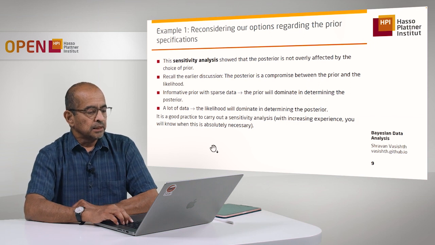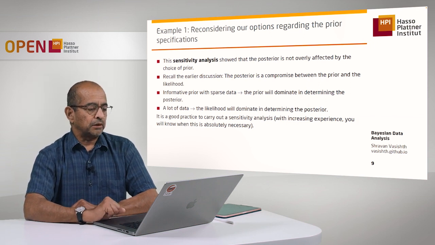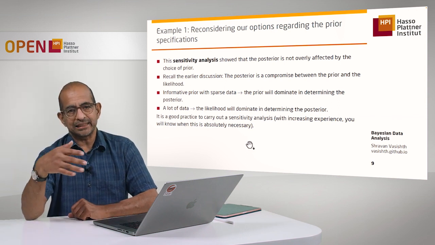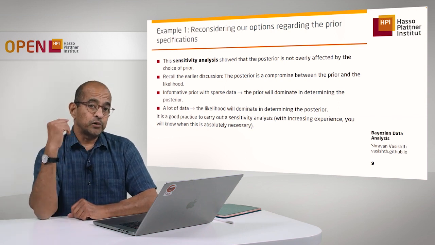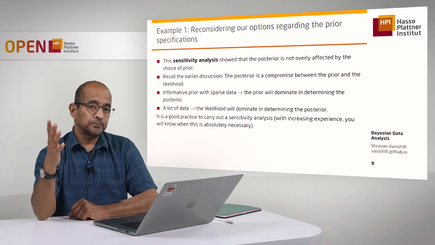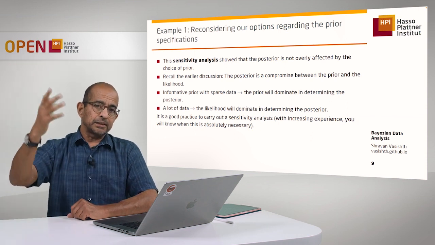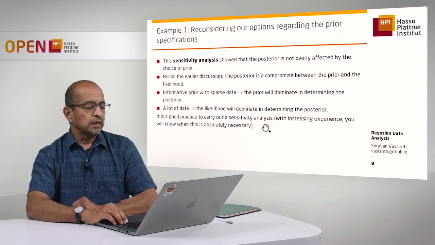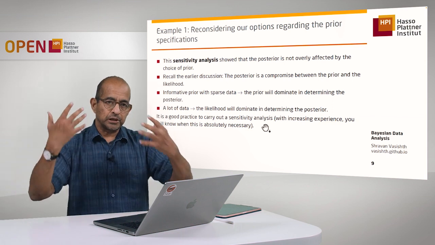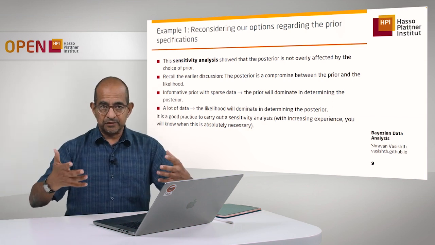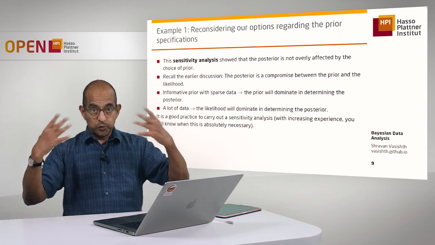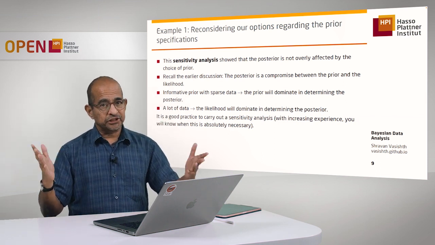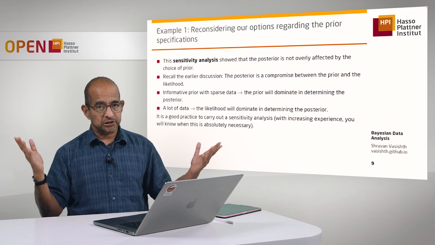Okay. So in general, I would suggest that you carry out such a sensitivity analysis. I often don't report it in the final published paper, but I will certainly do it in my own analyses, which I generally put up on the internet after I publish the paper so people can see my analyses. But what will happen with you, if you're analyzing lots and lots of data with a Bayesian framework, is that after a while, when you're working on a particular problem, you will have a very good sense of whether the posterior is going to be sensitive to prior specifications or not, right?